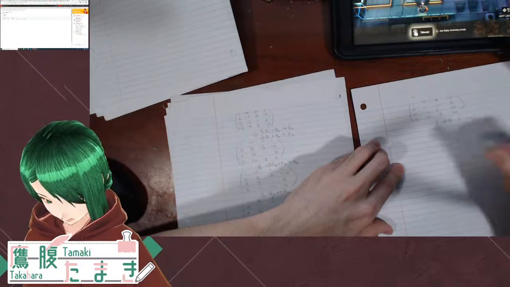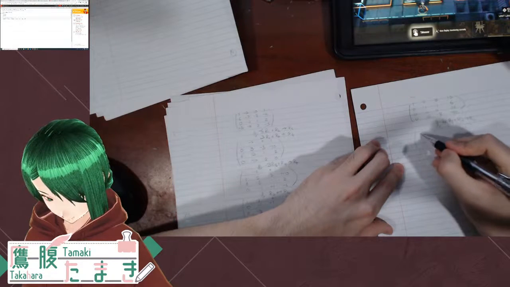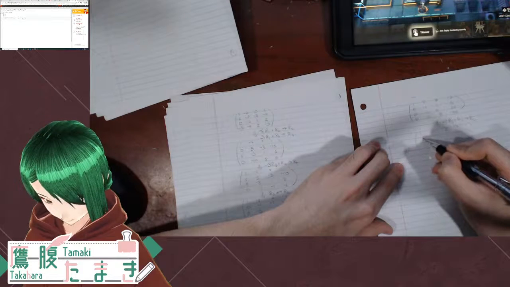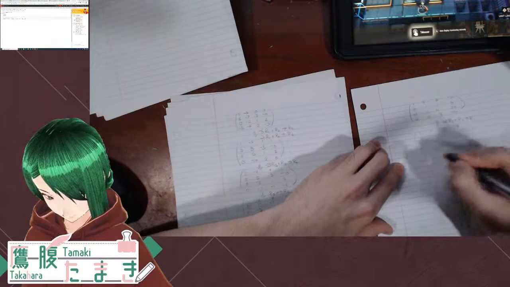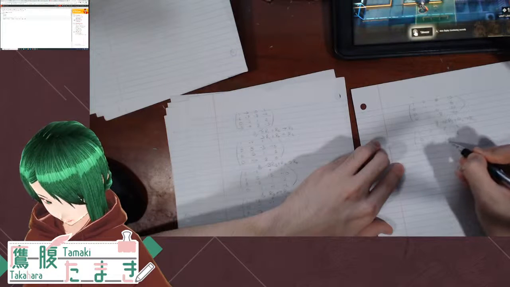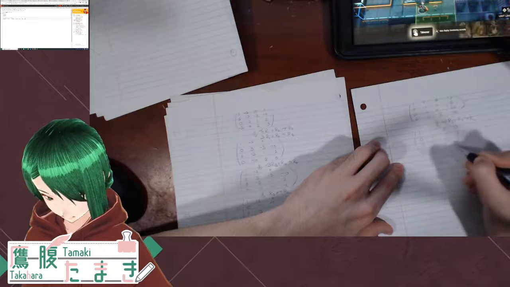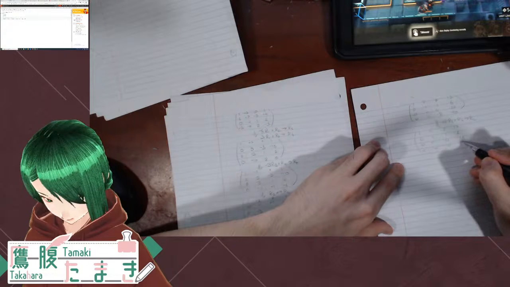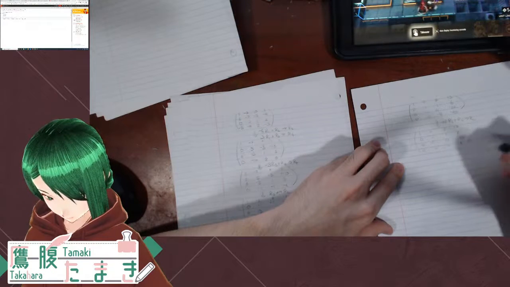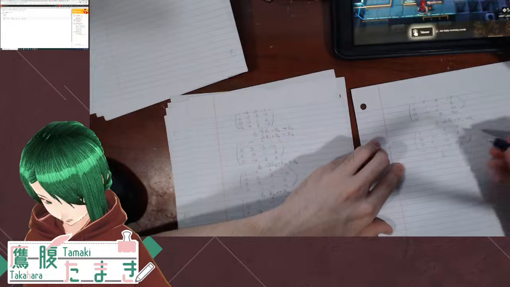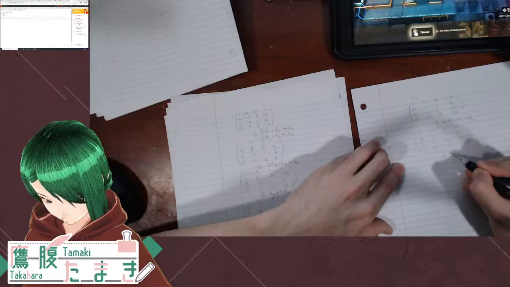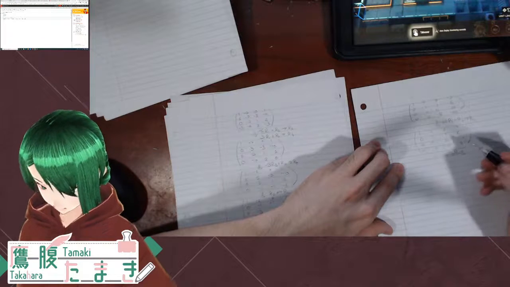That's going to get rid of our 4th row: 0, 0, 8 and negative 8, and plus 40 and negative 40, that's going to be 0. Next, one-fourth row 3.